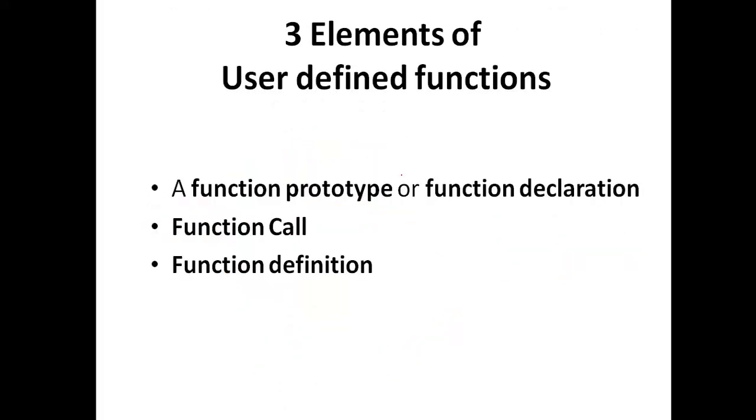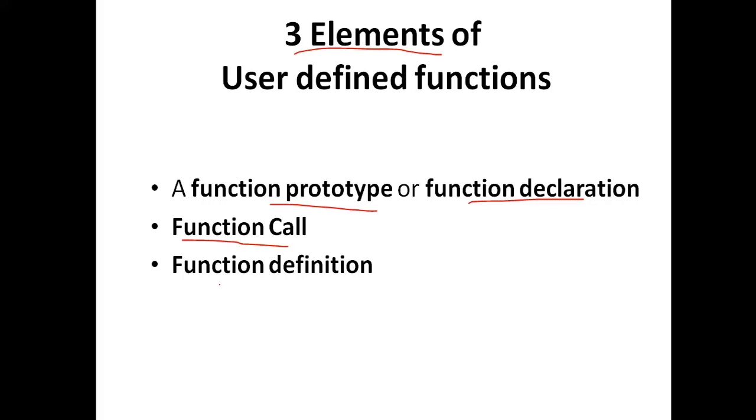Before looking at functions, or to understand functions, there are 3 elements which we need to understand. The 3 elements of a user defined function: the first is the function prototype, also called function declaration. Then we will look at the function call, and the last thing is the function definition.